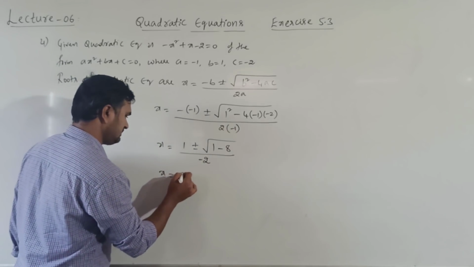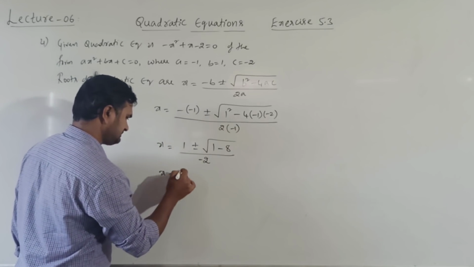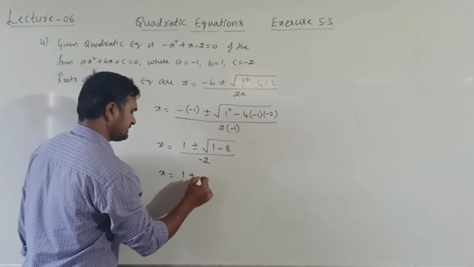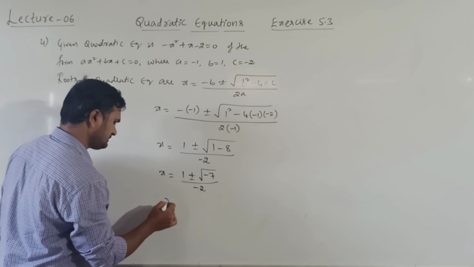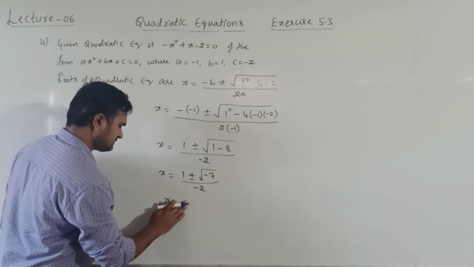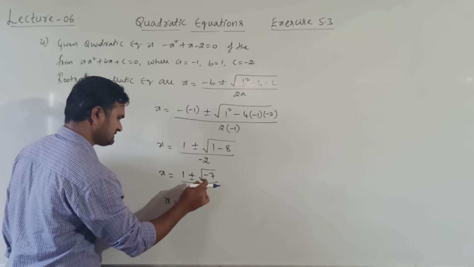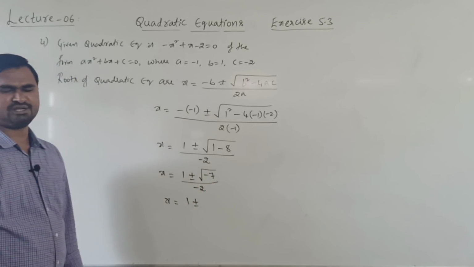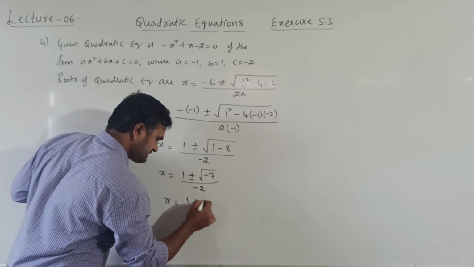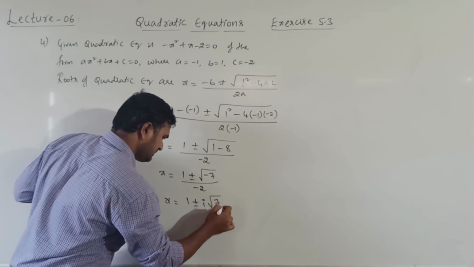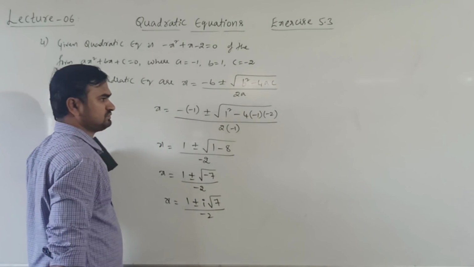So x will be 1 plus or minus square root of 1 minus 8 is minus 7, divided by minus 2. What is the square root of minus 7? It is imaginary. Square roots of negative numbers are imaginary. I can write it as i root 7, divided by minus 2.